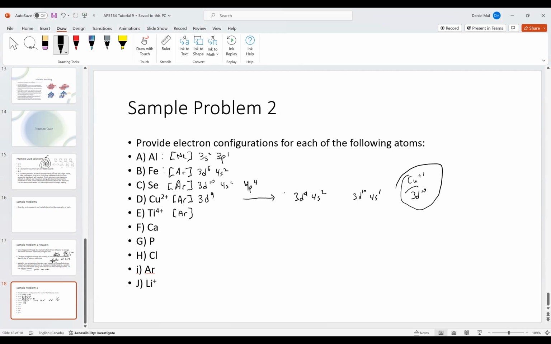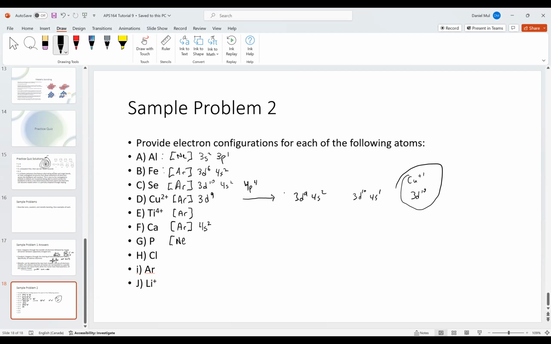Titanium 4 plus, I think it's the same as argon. For calcium, let me find it. Oh yeah, I see it. Just argon and then S2.